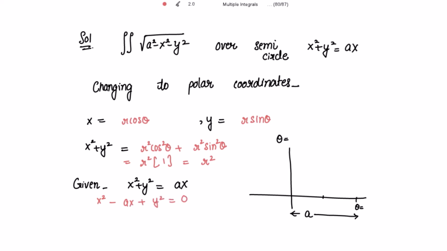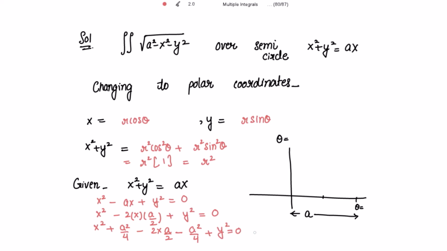To make the perfect square, I write ax as twice x into a by 2, and I am adding a square by 4 and subtracting a square by 4.